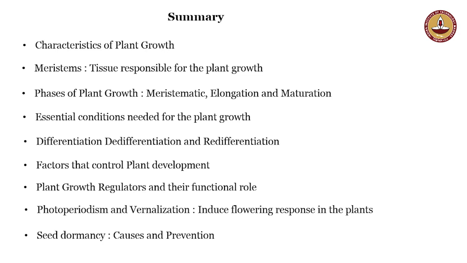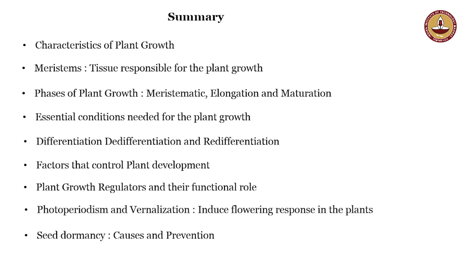Then we spoke about essential conditions needed for plant growth. We discussed differentiation, dedifferentiation and redifferentiation processes. We spoke about factors that control plant development, where we studied the effect of plant growth regulators and their functional role.